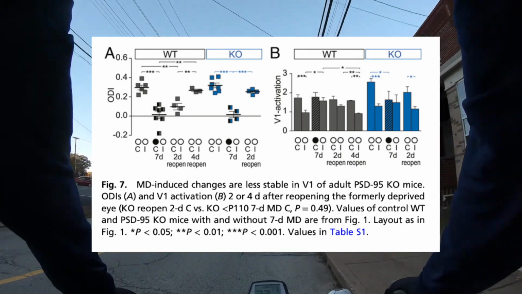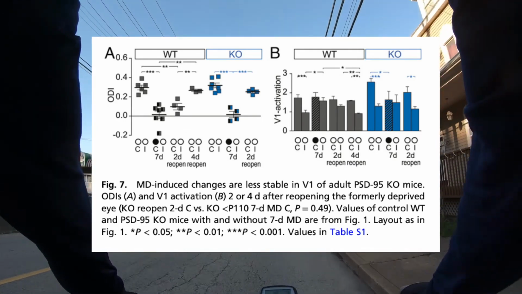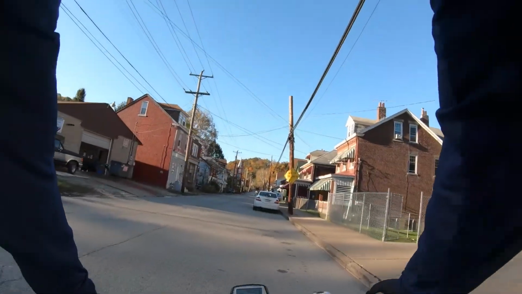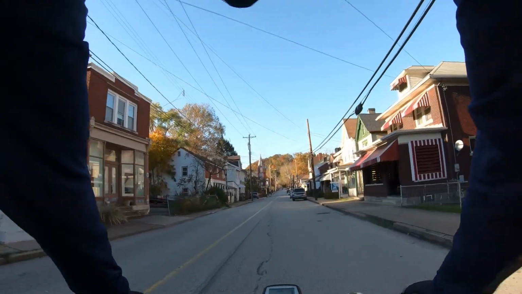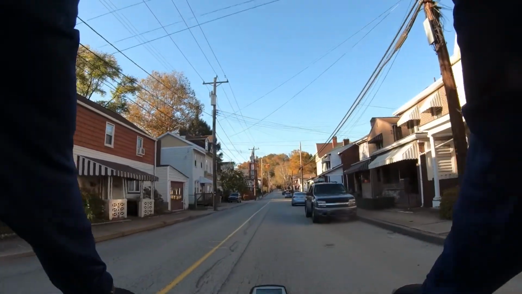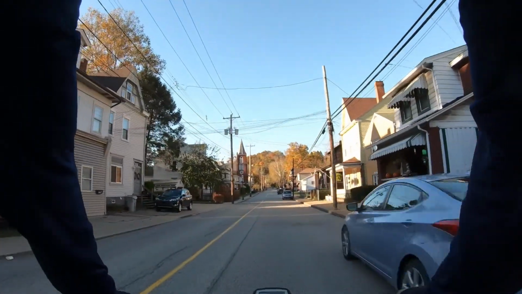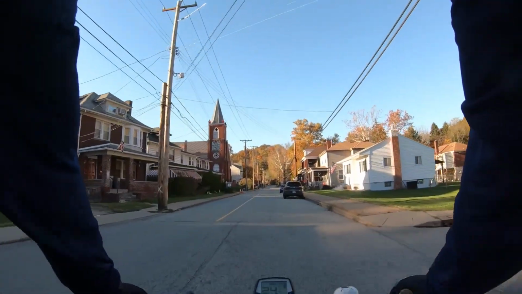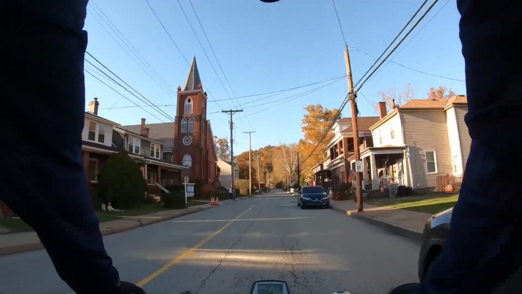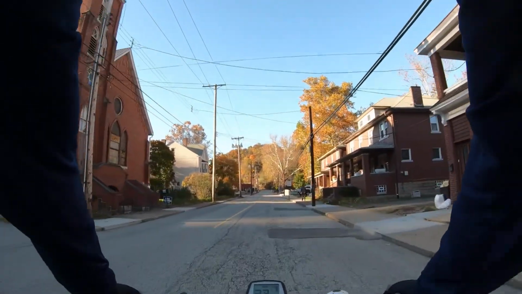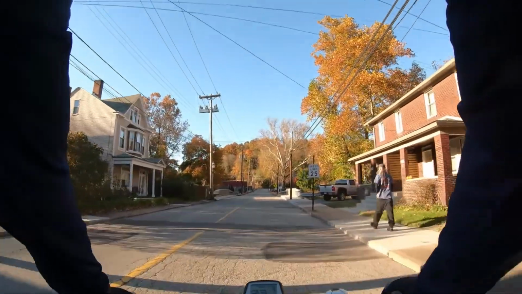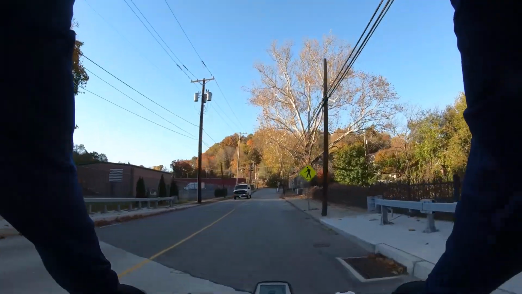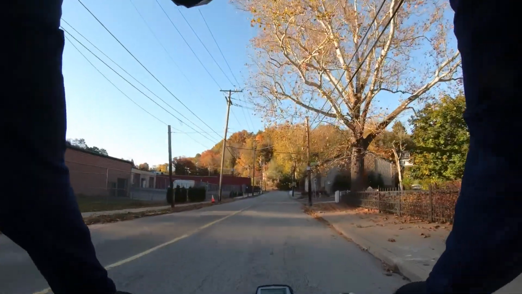So it's a nice paper, and it's important from the perspective of understanding this model of plasticity, because ocular dominance plasticity has been used for years now as a very accepted model of how maturation occurs in primary sensory cortices and how we can mess with it.